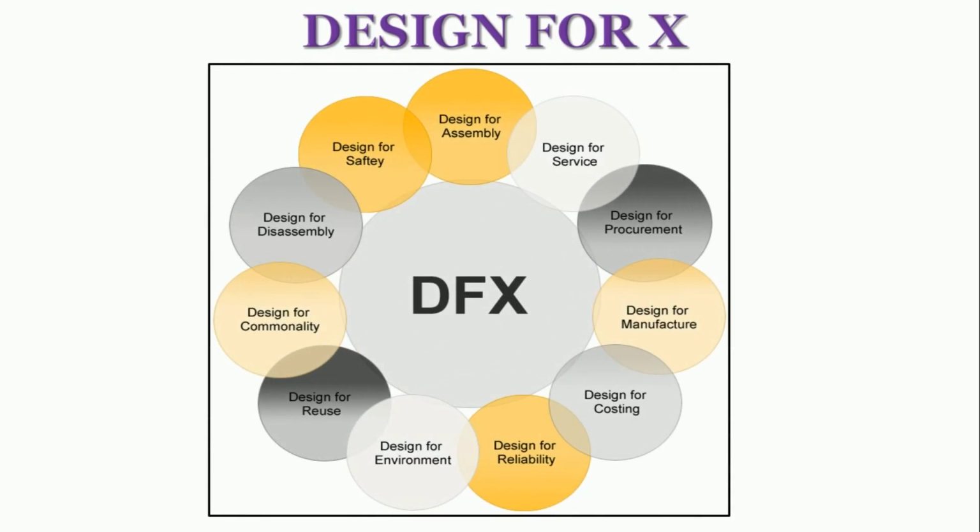The figure shows the different quality criteria, starting from design for manufacturing, procurement, service, assembly, safety, disassembly, commonalities, reuse, environment, reliability, costings. These are the various quality criteria. Today we focus only on design for manufacturing and the design of castings.